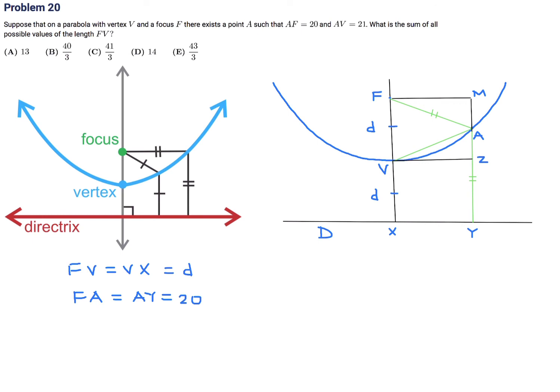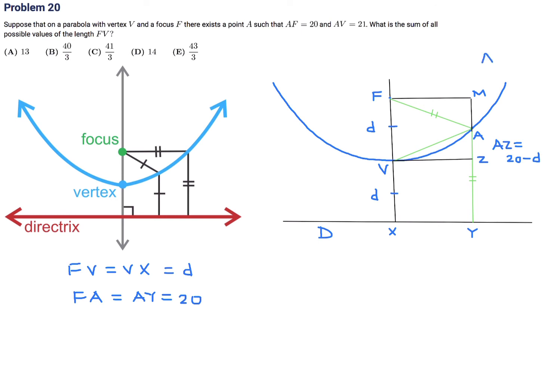So now I guess I can get some Pythagorean relationships. First, let's label this. I'm going to label AZ, this distance right here. AZ looks like 20 minus D, right? Because A to Y is 20, and then the distance from Z to Y is D. It's the same as the distance from V to X. So AZ looks like it is 20 minus D. And then AM, this one I also need.